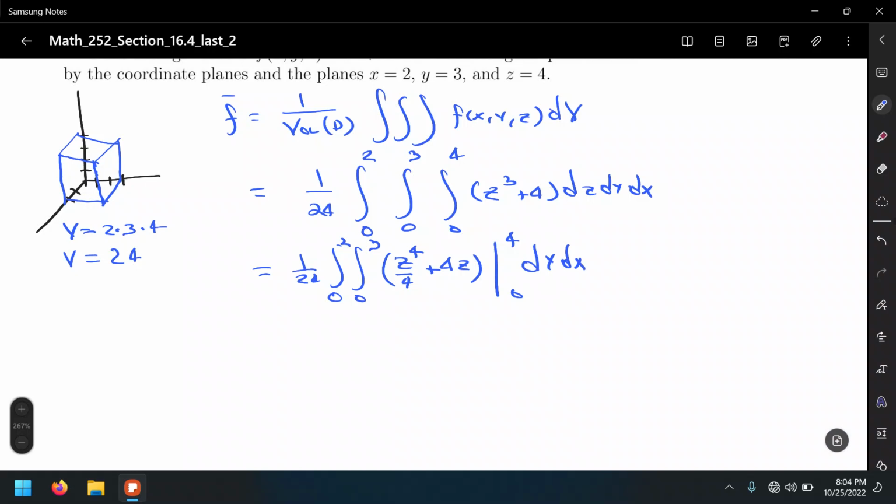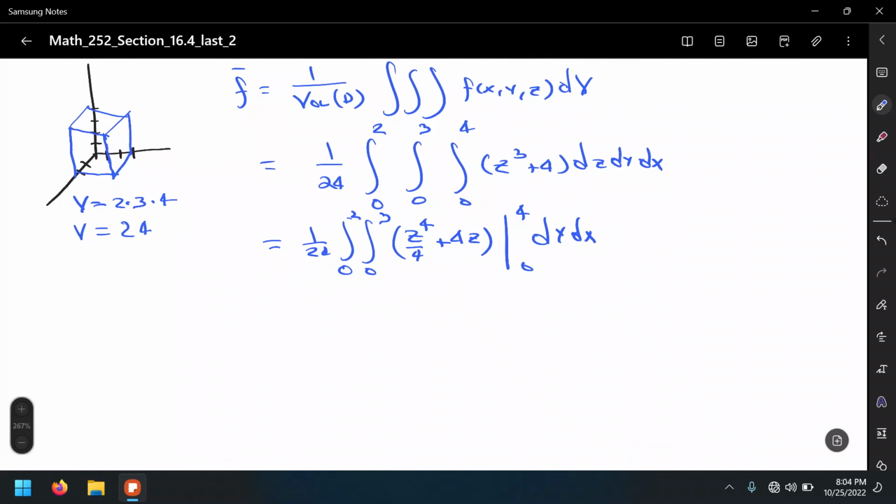Right? And what else? Upper limit minus lower limit, the integral from 0 to 2 and from 0 to 3, and that's going to be 4 squared, which is going to be a big number.